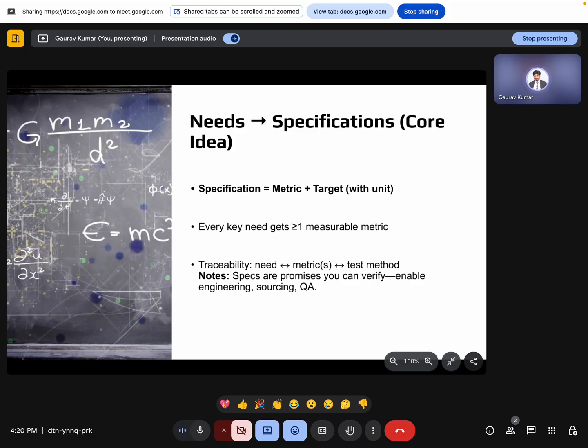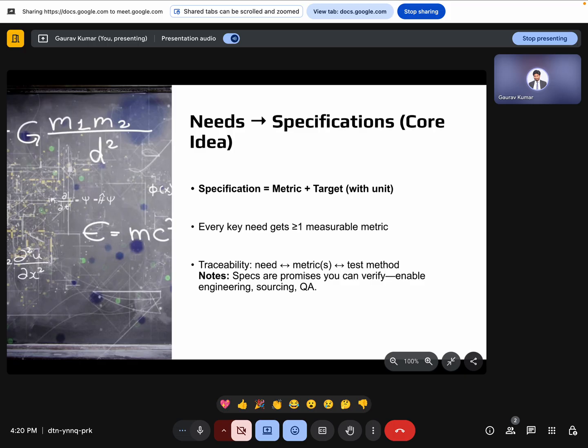Formally, a spec is a metric with a target and a unit, paired with a clear test method. Every key need maps to one or more metrics, and we preserve traceability so that each metric points back to a need and forward to a test.